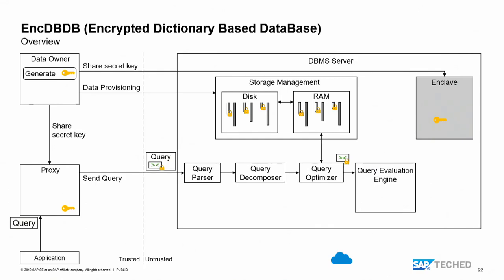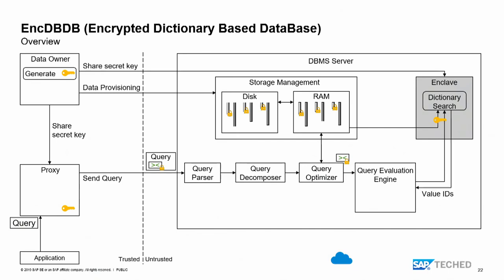And per column, we have to do two steps, as we learned at the beginning: dictionary search and attribute vector search. The dictionary search is done inside the enclave, because the enclave has the key, so it can decrypt the values that are inside the query. It will load all data from the RAM that's necessary, also all the dictionary data, to do the processing. This means a linear scan for ED3 or some others, or those binary searches for ED1 and 2.